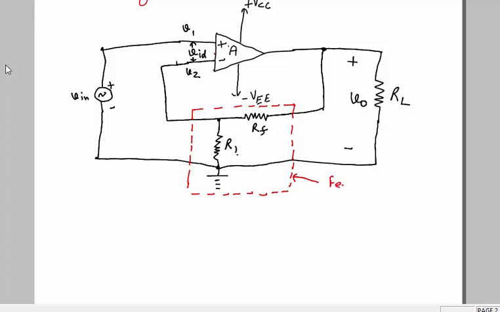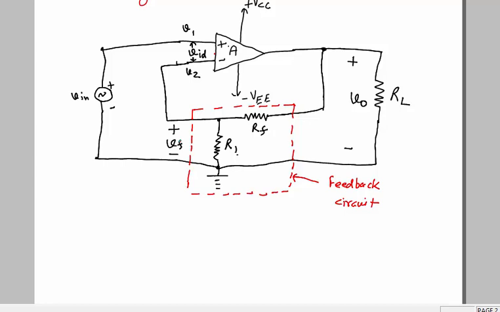So this is the feedback circuit, and the voltage here, VF, is connected. So this is the entire circuit. This is a non-inverting amplifier with feedback, or we can say a closed loop non-inverting amplifier.